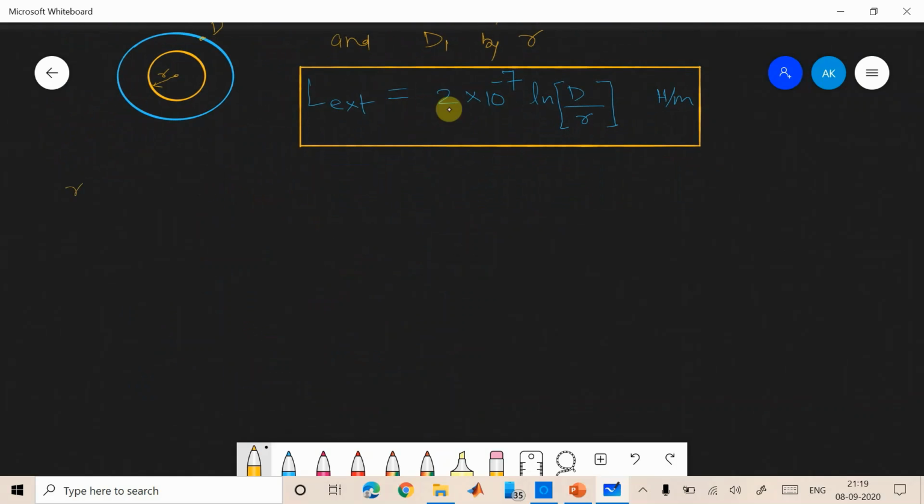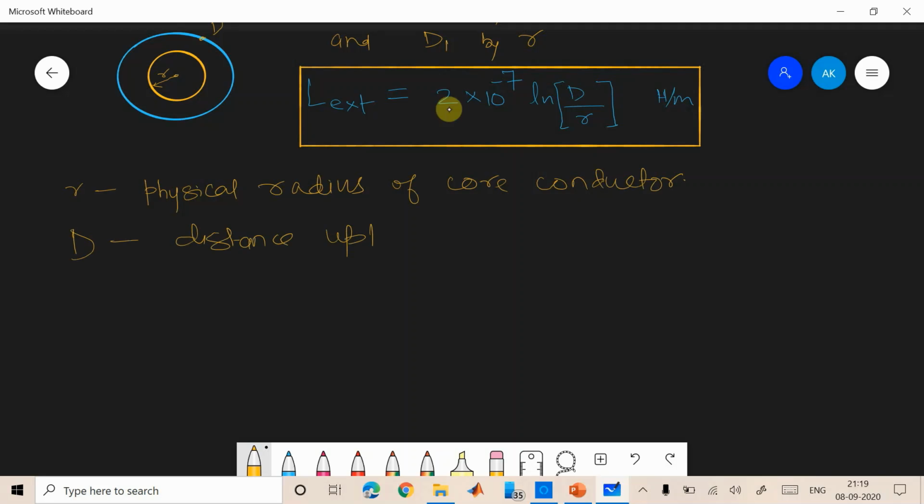Here your R is the physical radius of the core conductor or simply conductor, and D is the distance up to which inductance is being defined.